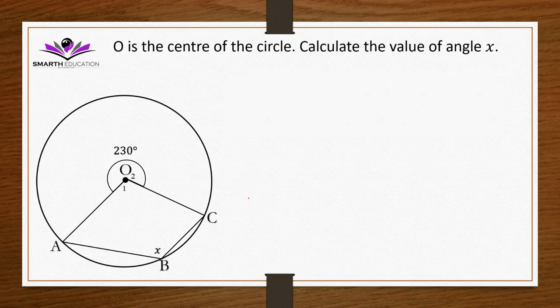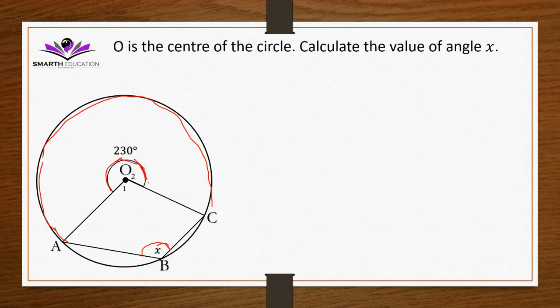Let's try. Right, okay. Let's see what you get. What is half of 230? So this is the angle we're talking about. It's at the circumference. This one is at the center. It's subtended by the big arc, the major arc AC. You see this major arc AC here. So this one is at the center, this one at the circumference.